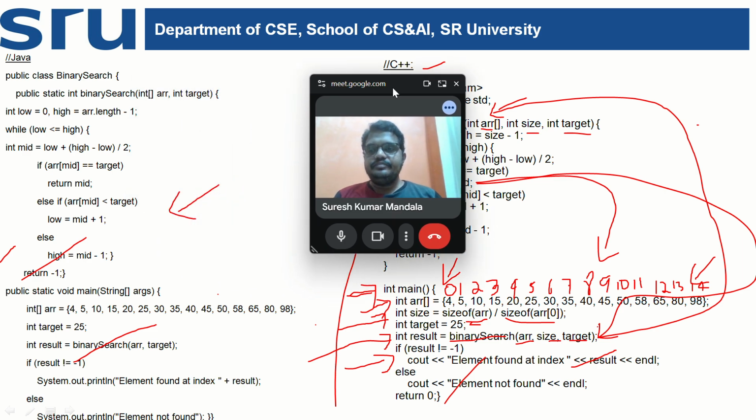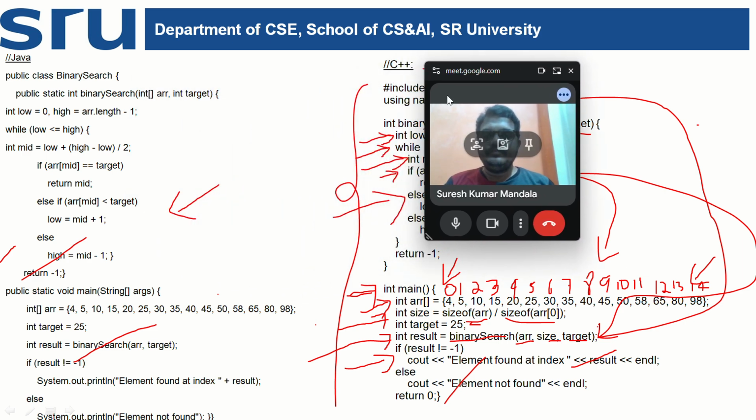Then we will see Java. In Java also, the program starts within the main method. Coming to C++, the main method is declared as int main.